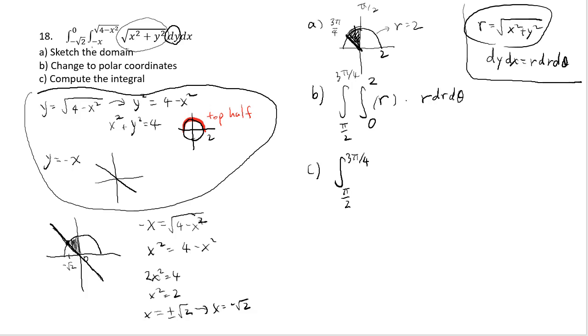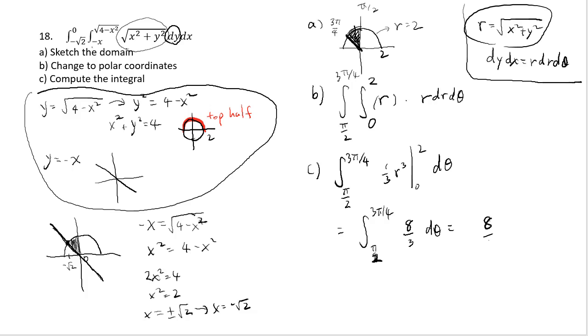r times r is r squared, and if you integrate r squared, it's 1/3 r cubed. And you plug in 0 to 2. When you plug in 2, it's 8 over 3. So that's the integral from pi over 2 to 3 pi over 4 of 8 over 3 d theta.